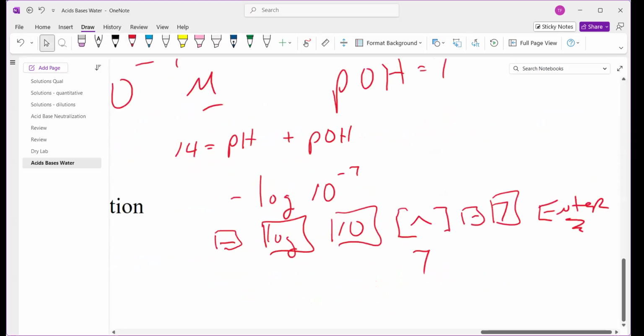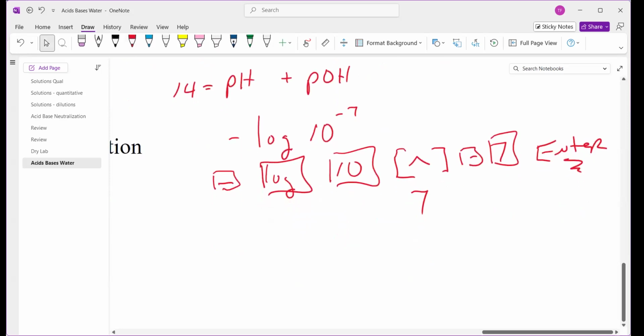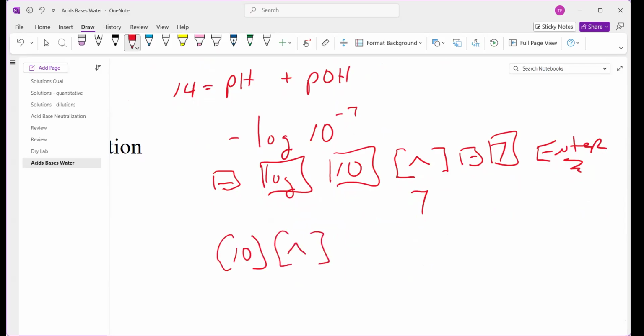So the alternate way then be to put caret, change sign, 7, log, enter. It depends on your calculator. Like mine, I have to put the number first, then I hit the log key.